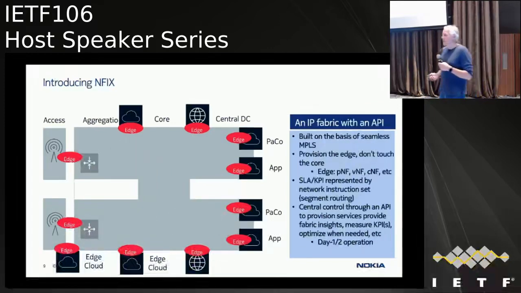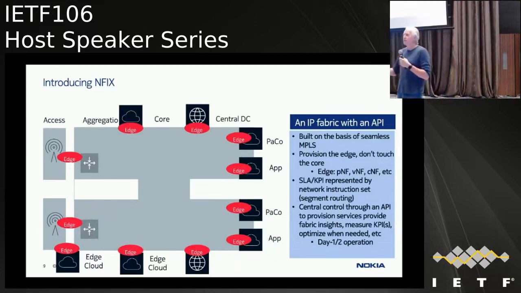So in Nokia we call this NFIX, or so we build a framework around this in order to build that infrastructure in a way that is supporting such a heterogeneous environment, right?